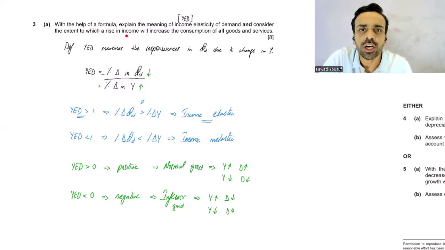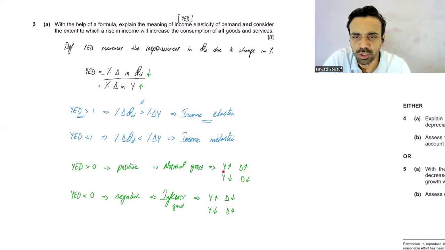The extent to which a rise in income, I haven't spoken specifically in terms of rise of income. I have mentioned some things over here, but I haven't discussed my formula with any specific rise in income. And I haven't really spoken in depth that a rise in income will increase the consumption for all goods.